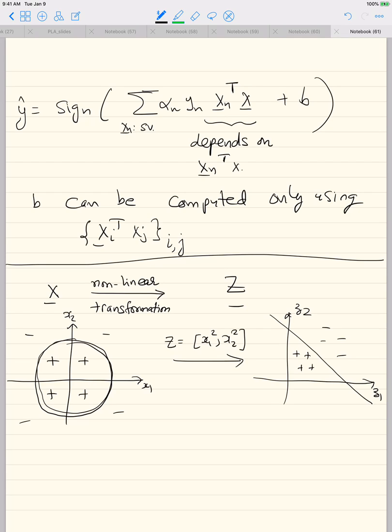So if we were to apply the SVM method in the z space, what do we need to do?